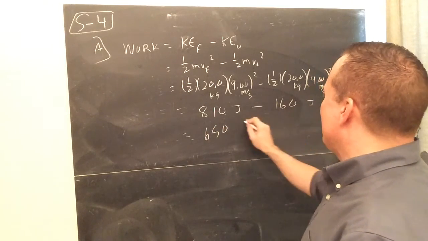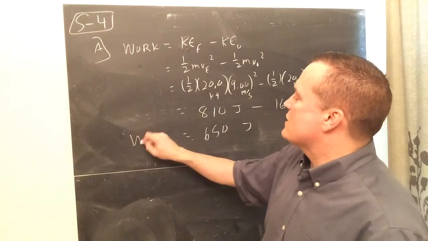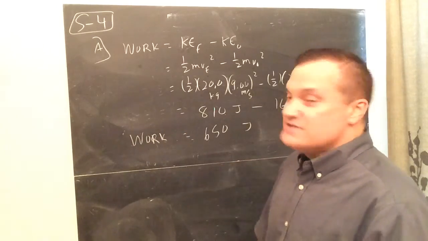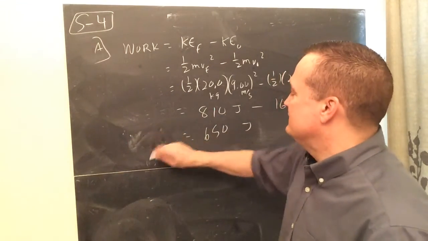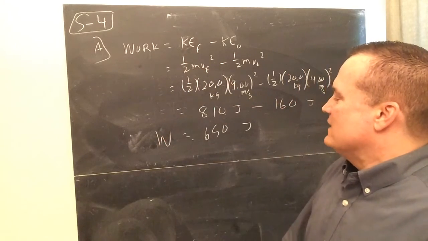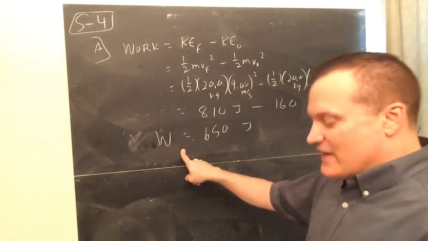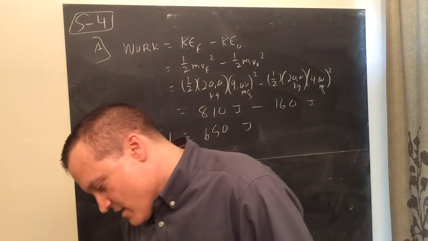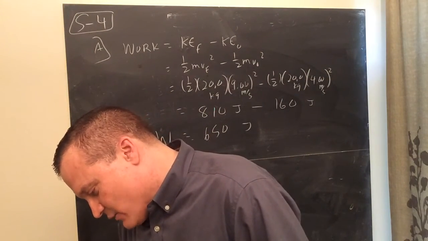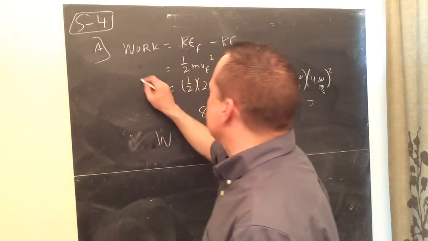All right, so this is how much work was done on the shopping cart. I'll put W. Now, to find out B, that was part A, what force in newtons was applied to it?